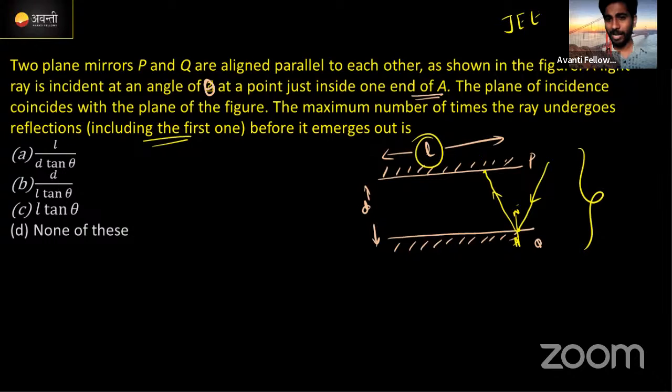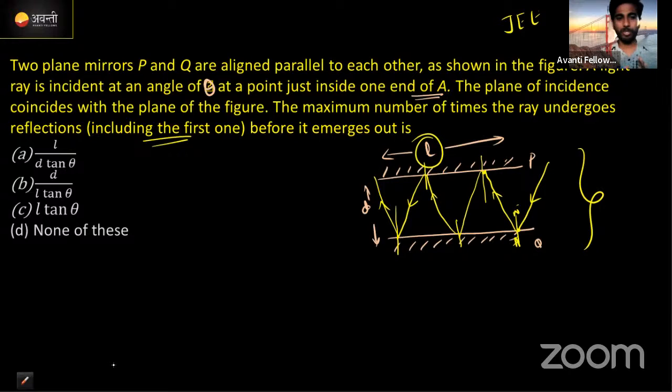Again you draw the normal, and from this point of incidence it will be reflected back to Q. Again this reflected ray acts as an incident ray for mirror Q. Again it will be reflected back, again and again. This phenomenon takes place. Here we need to find out, within a particular length, how many times the ray will be reflected. Understood?